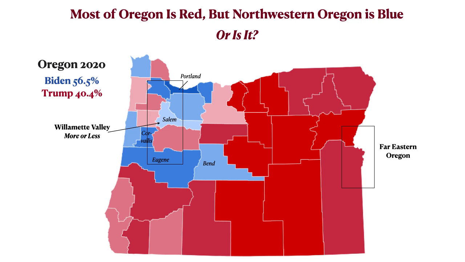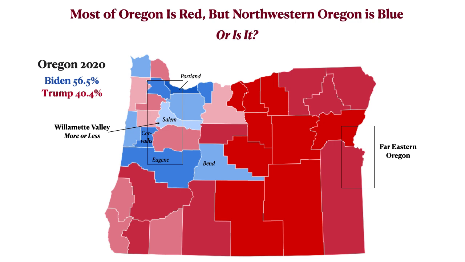If you look at it in gross geographical terms, it's mostly red, those more sparsely populated rural counties. The northwestern part of Oregon is where most of the people live. I have put a box more or less around the Willamette Valley, which goes from Portland to Eugene. That's the main population center of Oregon and has most of its larger cities, with the Portland metropolitan area really dominating it. And I have another box in far eastern Oregon, so I want to talk about both of those.